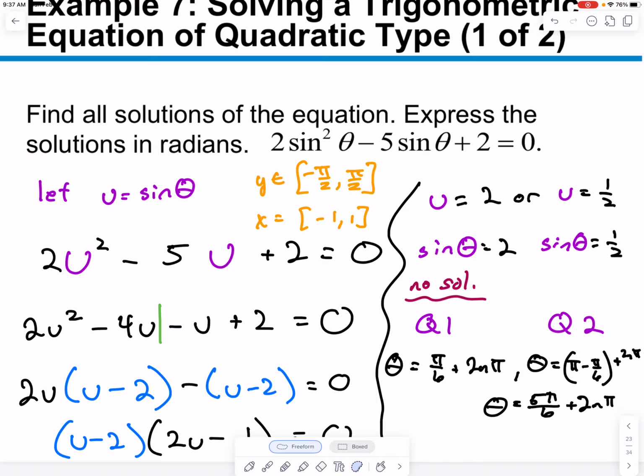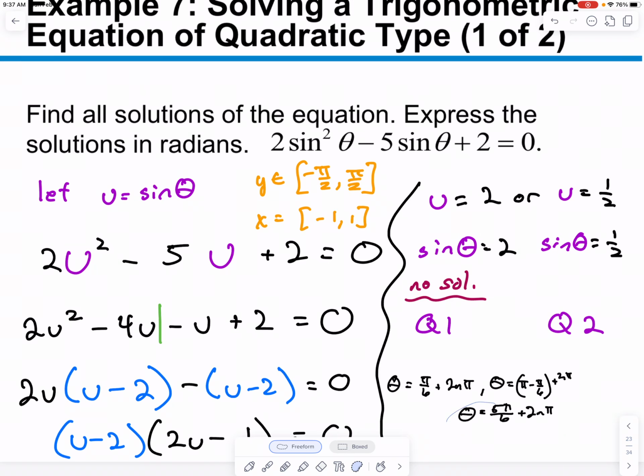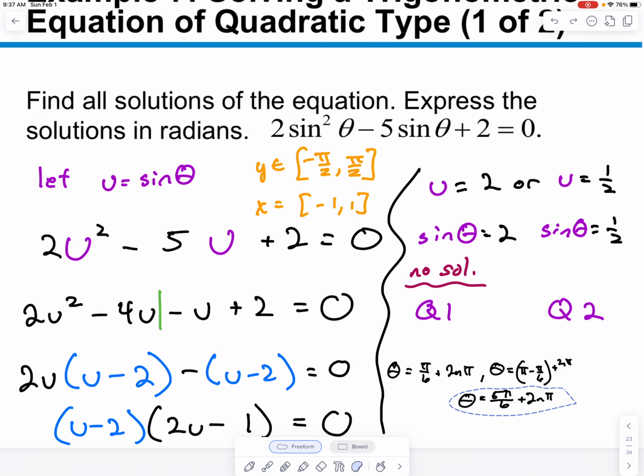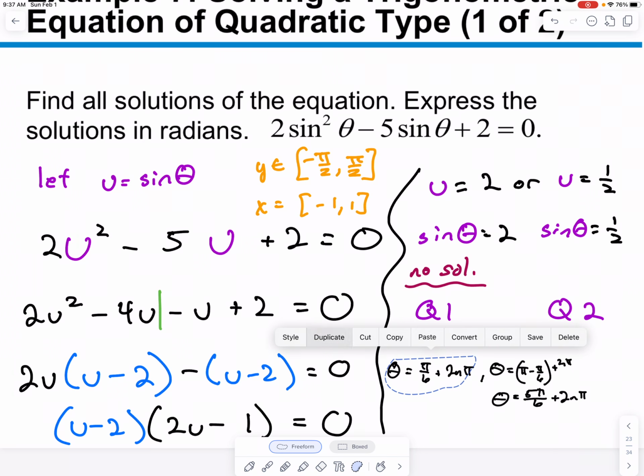Let me shrink those down. I want to duplicate this.